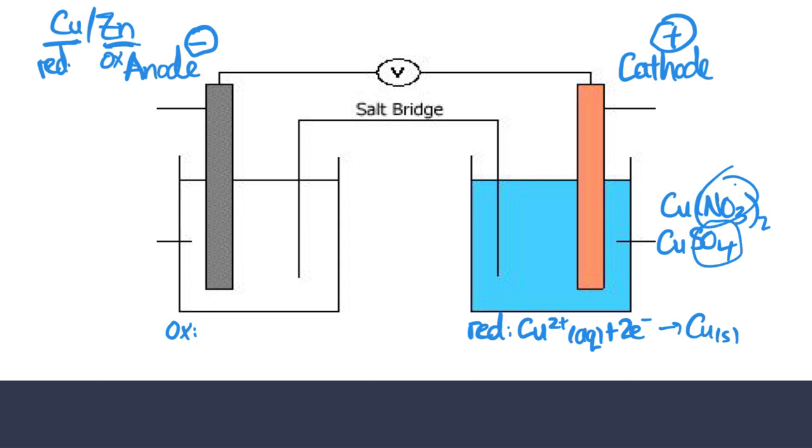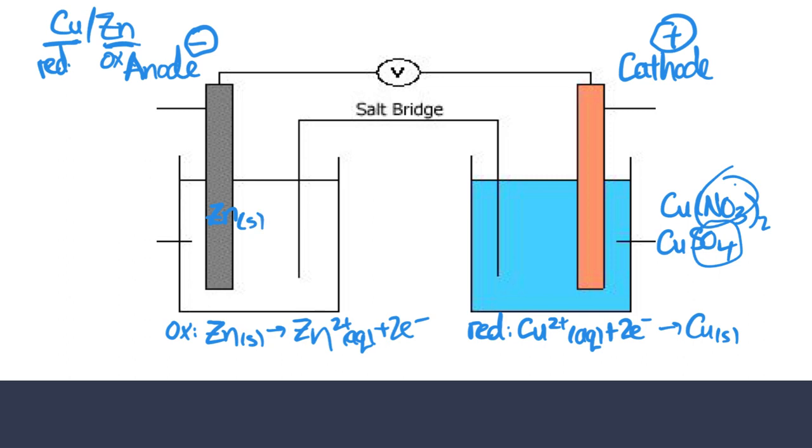And then on the other side, we have our oxidation half reaction. So this is going to be our zinc, and this is going to give us zinc 2 plus ions and 2 electrons. Okay, so let's label some stuff in here. So this is our solid zinc.